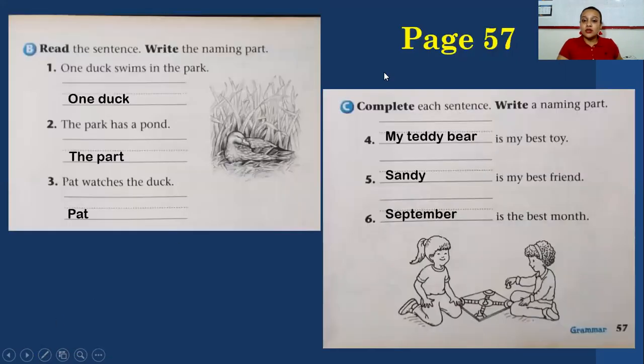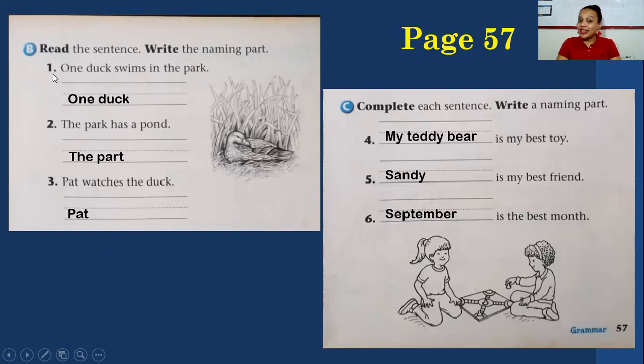So let's continue. This is page 57. In page 57, now let's follow my directions. Exercise B and C. Read the sentence and write the naming part. Now, in these sentences, I already wrote the naming part. Remember, the naming part is what or who the sentence is talking about.